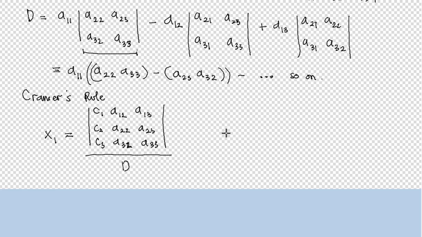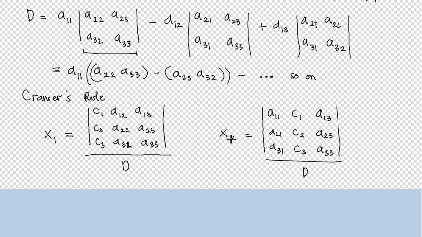And then if you want to find x2, you replace the coefficient of x2 with c1, c2 and c3. So you will have this is A11, A21, A31, and this is c1, c2, c3, divided by the determinant.